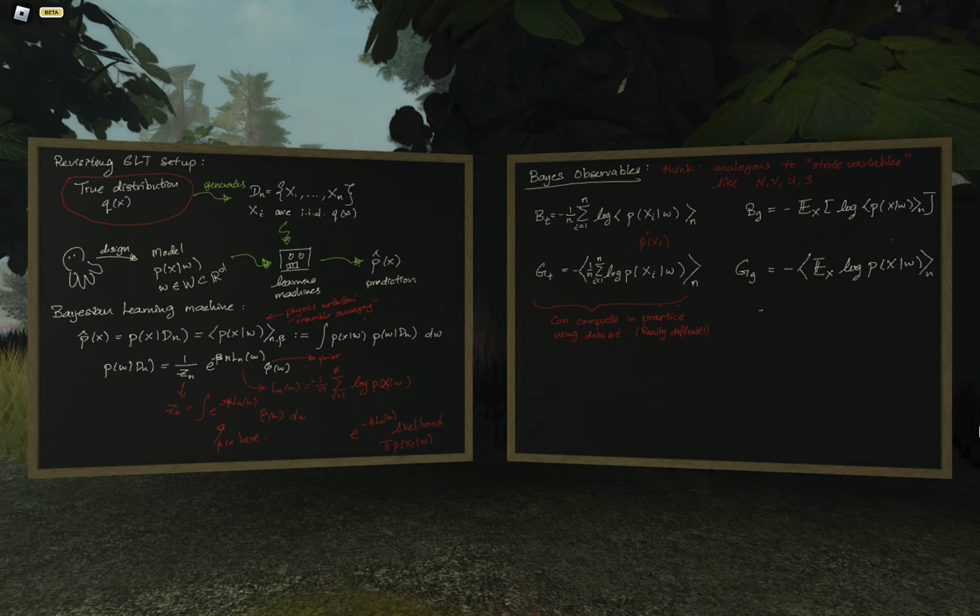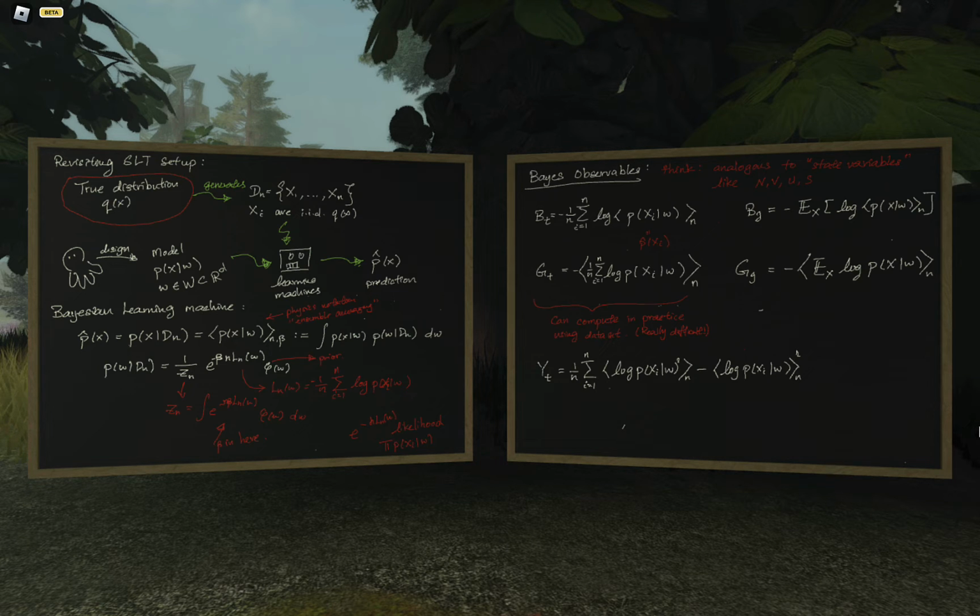Okay, and we have some other quantities. The red comment above still applies for the one below. This is also computable using data. So let me just write out the expression. The square goes inside and outside.